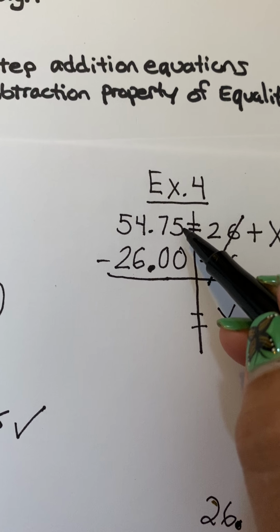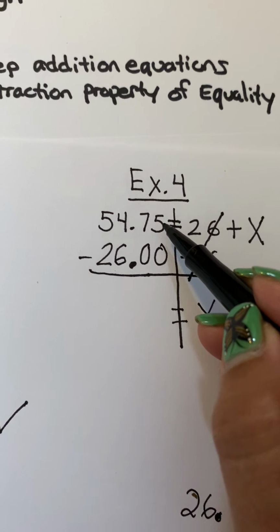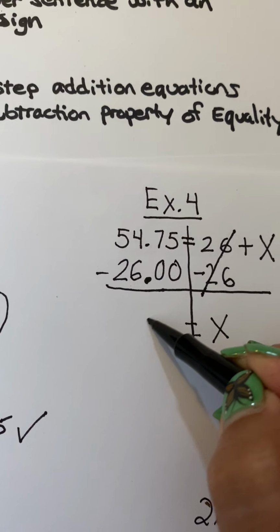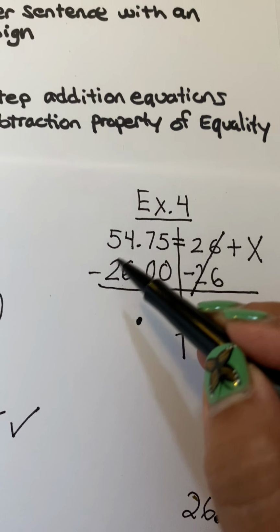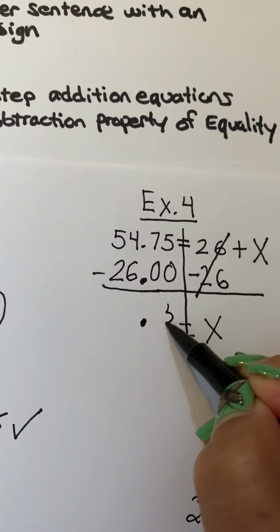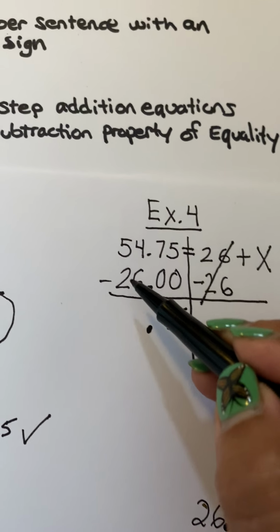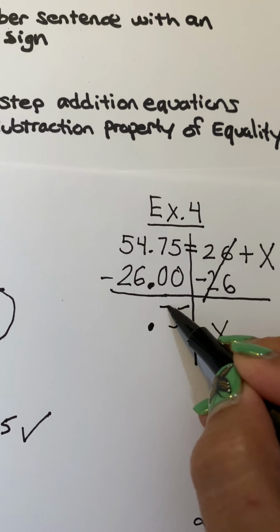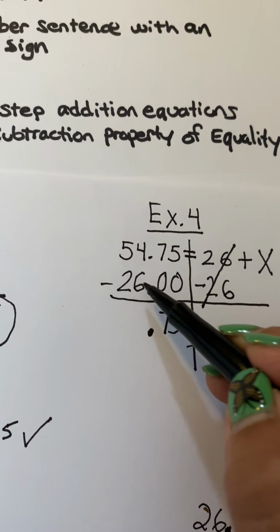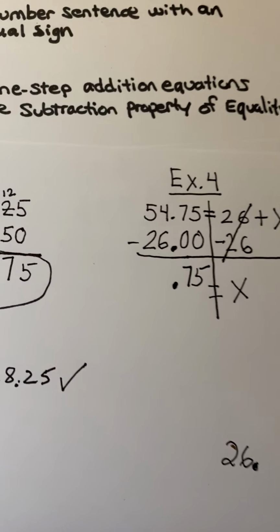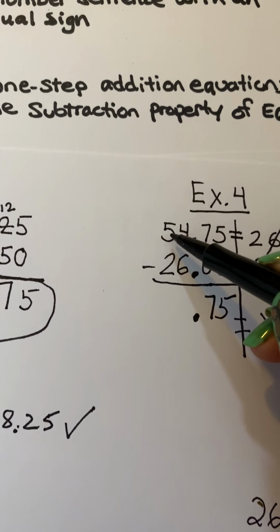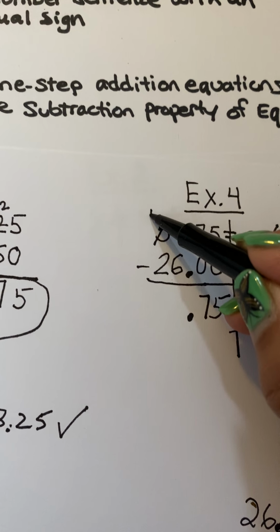So starting with the ones column, stay in your lane, we forgot to drop the decimal point. Stay in your lane with the ones column. 5 minus 0 is 5. 7 minus 0 is 7. 4 minus 6, can it work? No, it cannot, because the bigger number is not on top. So we must borrow from the 5, make it one less.